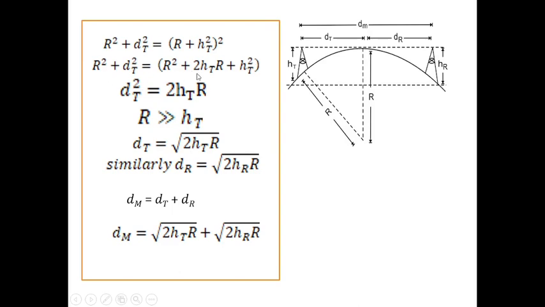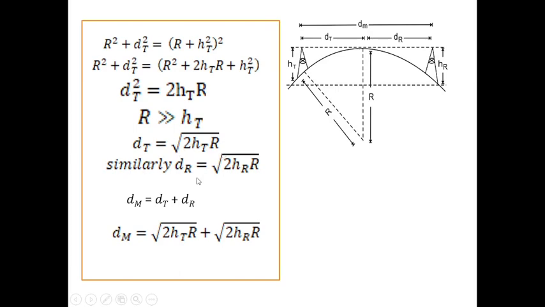By simplifying, the height of the antenna may be 1 kilometer, 2 kilometers or something, but the radius of the Earth is very high, 6400 kilometers. Compared to it, the height of the antenna is very small, so neglecting the HT square term, DT, the radio horizon of the transmitter, is equal to square root of 2HTR.